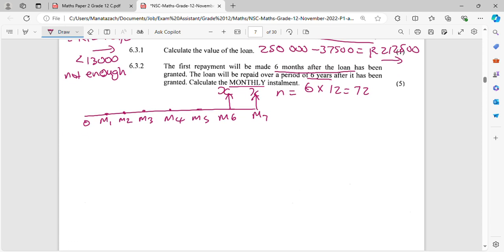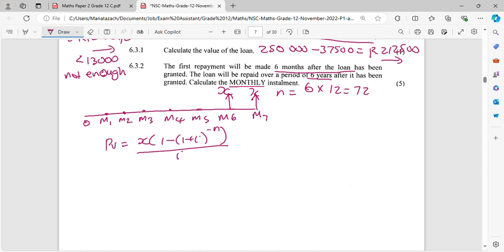Now, since this is the loan, we're going to be using this formula of the present value: 1 minus (1 plus i) exponent minus n, close brackets, all divided by i.